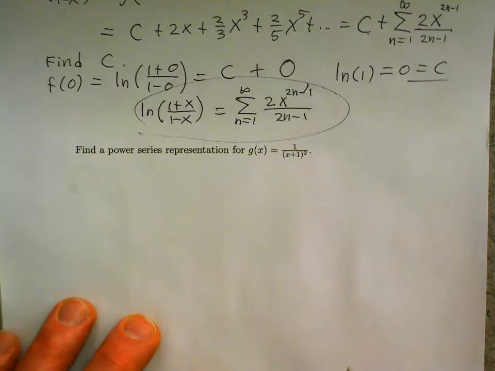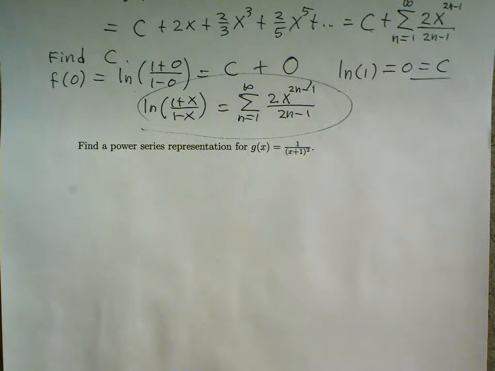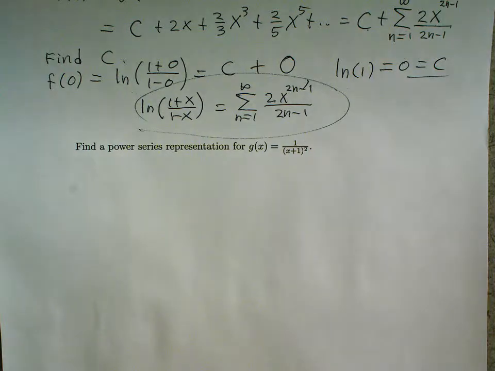All right, let's try the next one. Find a power series representation for g of x equals 1 over x plus 1 squared.